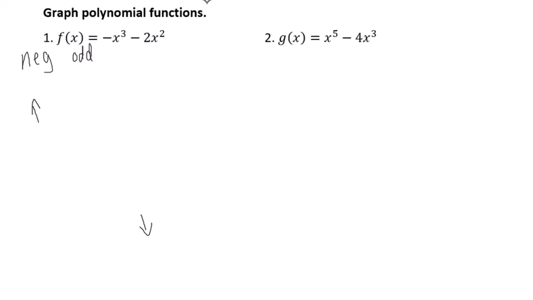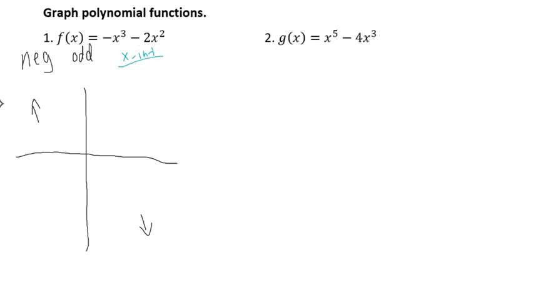Now our next thing we want to do is focus on our x-intercepts. So I'm going to go ahead and just draw an axis right here. In order to find our x-intercepts, we need to factor this.